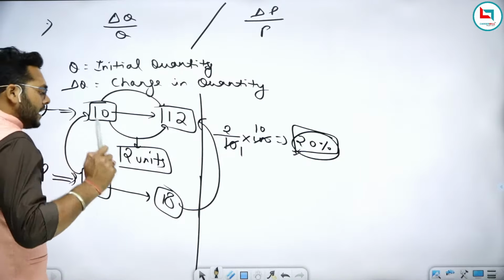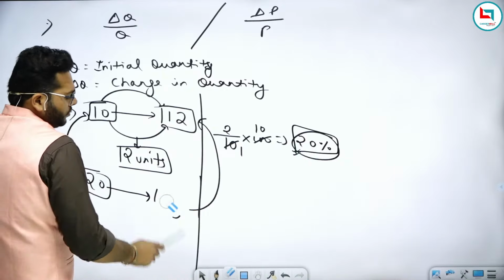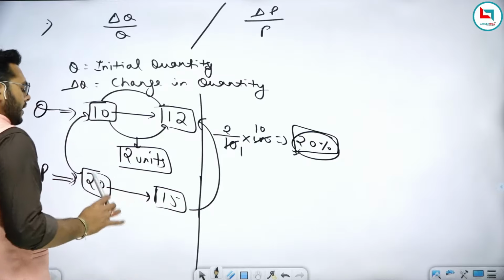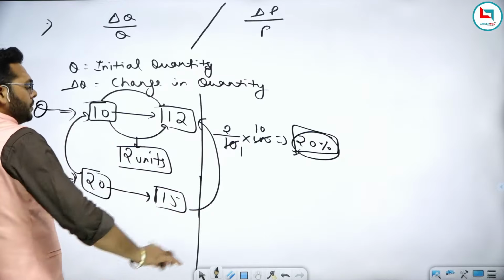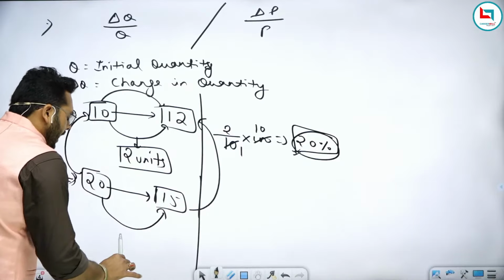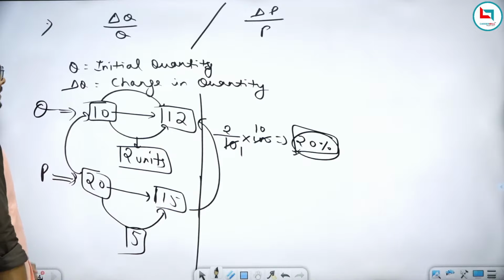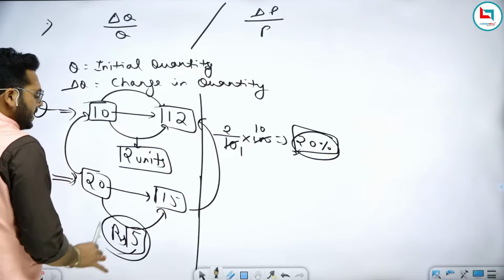So if I ask you, not 18, let me say 15 here. How much will the price change? You will say, sir, from 20 to 15 there is a change of 5 rupees.